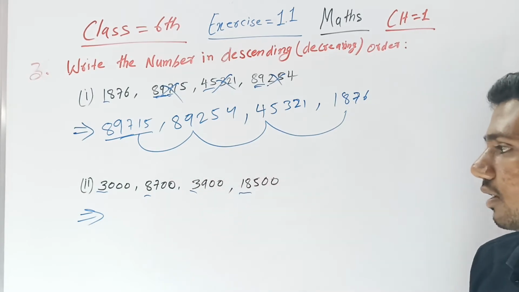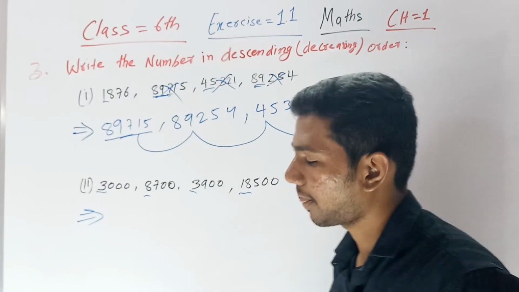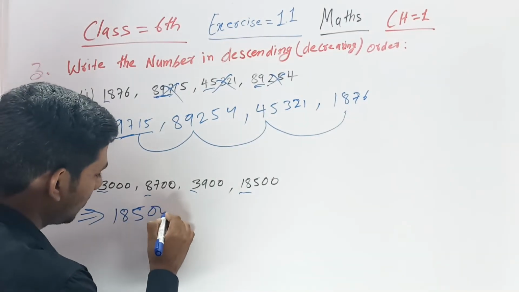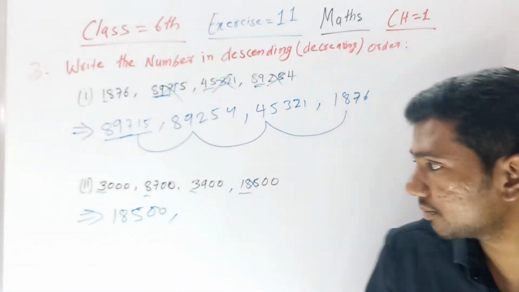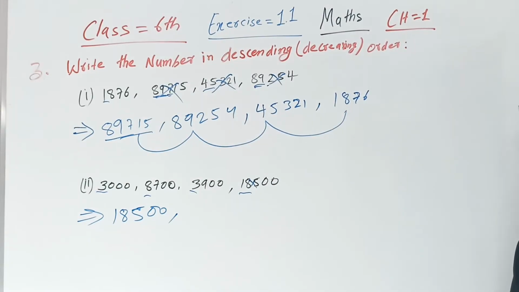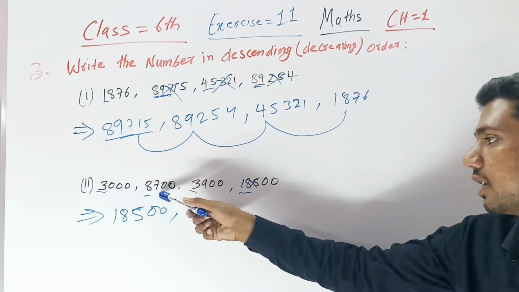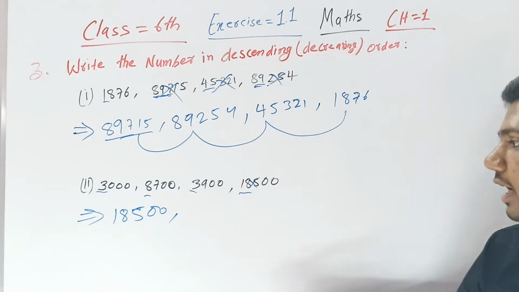It's 18,000. Which is coming here? 18,000. So here first of all 18,500. Good. Then after, which will come here? This 3,000, 8,000, and 3,000. Which will come here? 8,000.